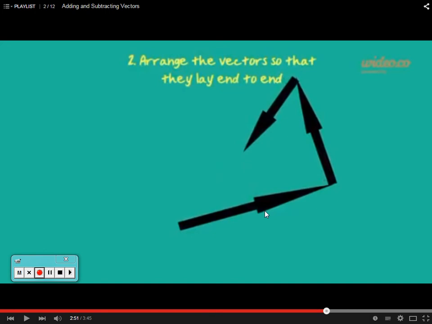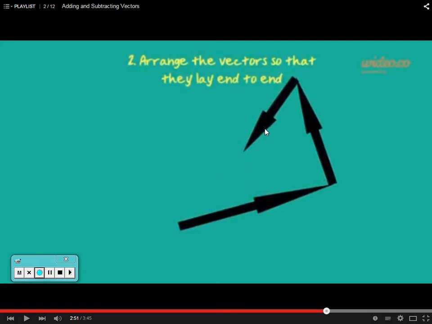Now I've arranged all the other arrows end to end to form a single chain of arrows. Does it matter which order I put them in? Could I have started with this arrow and then made a nice chain with the others? Yes, it doesn't matter. The last thing we need to do is say, what is going to be the final result?